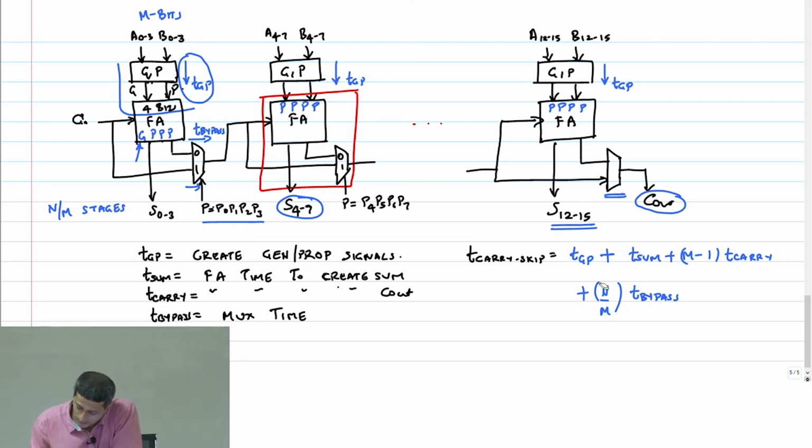Exactly. You have to allow this to go through n by m minus 1 bypasses. Right? And now what should be the delay for the last stage?